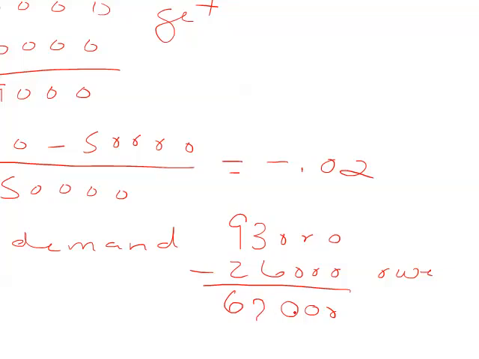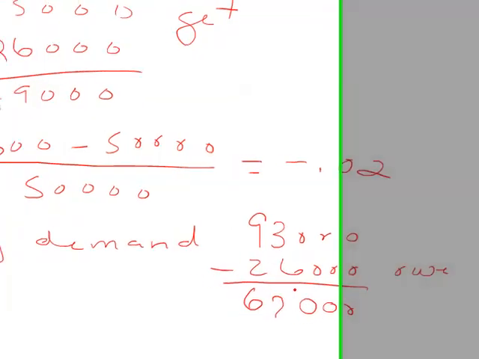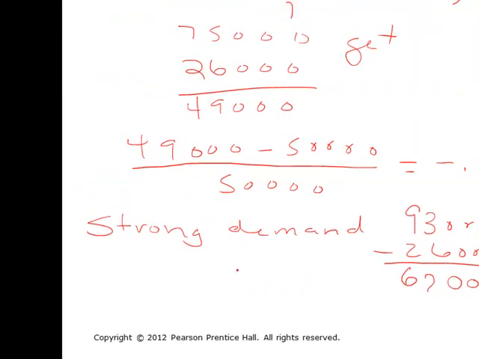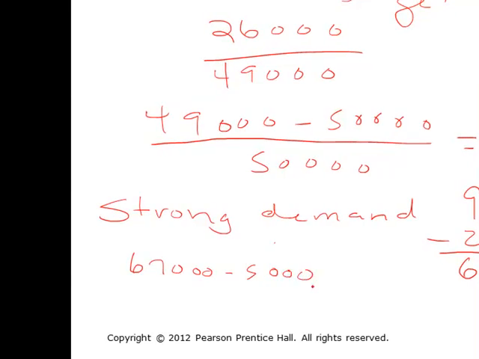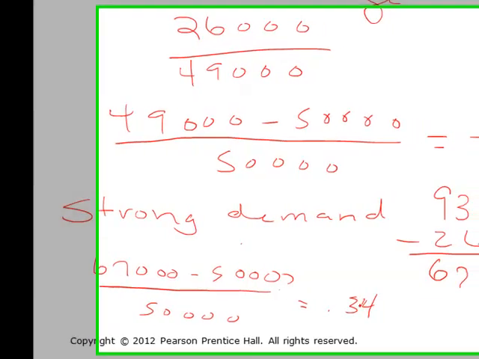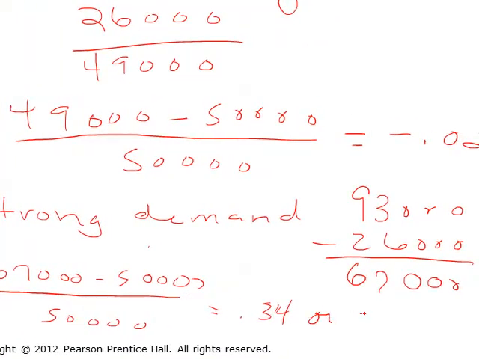So my return is going to be $67,000 minus the $50,000 that I paid, divided by $50,000, I have a fantastic 34% return.